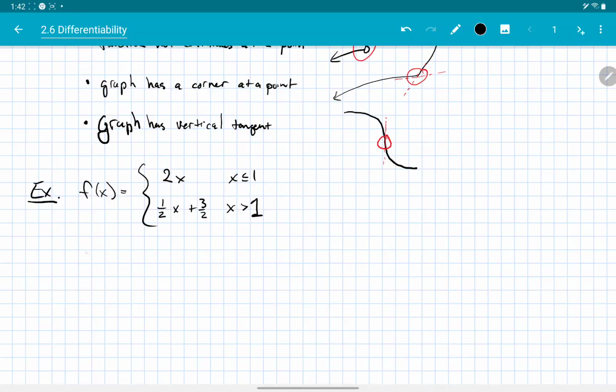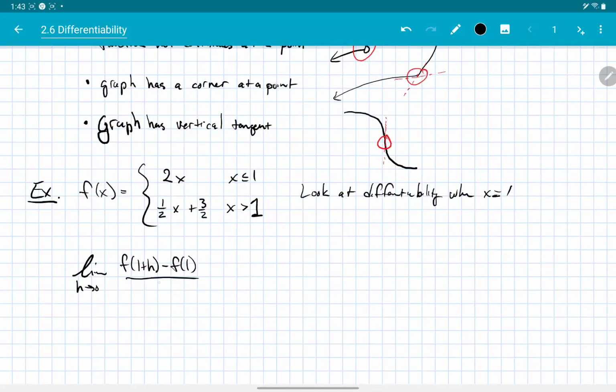And let's look at differentiability when x is equal to 1. So if we wanted to take the derivative of this function at 1, we would take the following limit: the limit as h goes to 0 of f of 1 plus h minus f of 1 divided by h. That's the definition of the derivative.